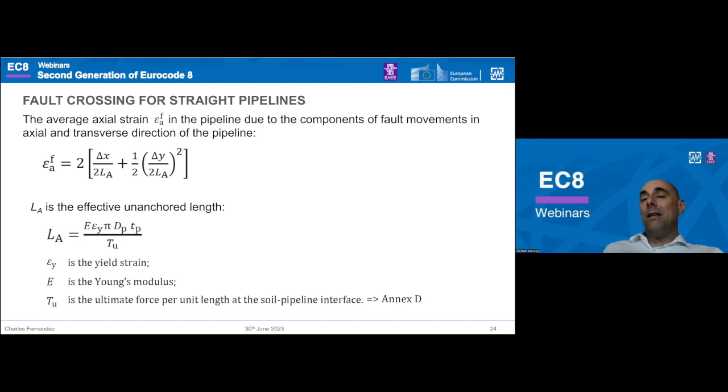So again, here we have to calculate the ultimate force per unit length, but this is also given in NXE. So we can easily reactivate NXE, which was already used for the spring characteristics, and we can use it again, and then it's quite easy to apply this formula.